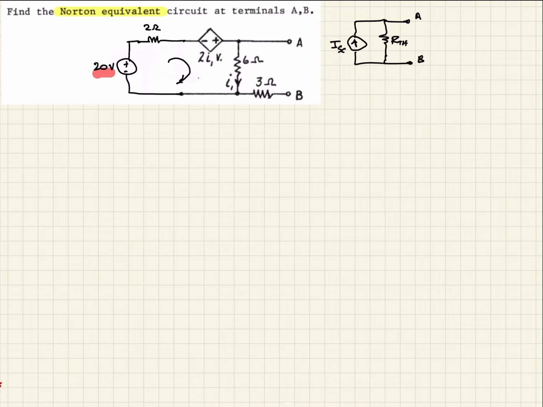And because we have the negative sign first, that's going to be a negative 20. And then as we come around, we hit the 2 ohm resistor, and we see that we've already got the current defined as I1. So this I1 is going to go through our entire loop. So that being the case, as we look at our 2 ohm resistor, that's going to be plus 2 times I1.